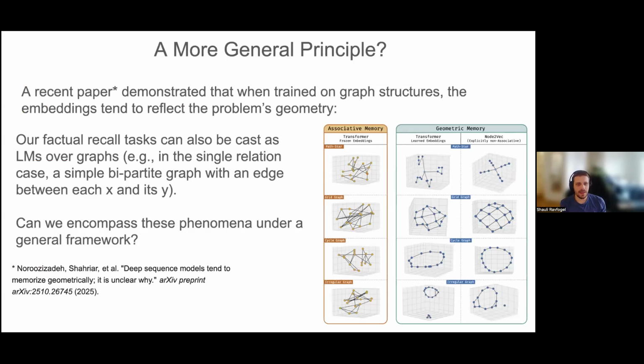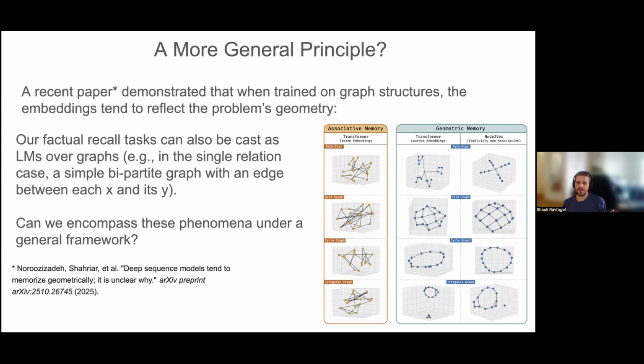As final remarks, I will mention that this may hint towards a more general phenomenon. There is a recent paper that demonstrated that when you train a transformer from scratch on graph structure, so language modeling on graphs, you get embeddings that reflect the geometry of the graph. This is what you see on the right when you train the model with trainable embeddings.